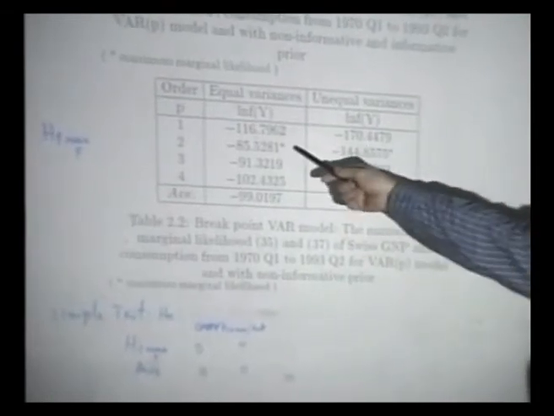And then you can also ask whether breakpoints are present or not. And if there are breakpoints, is it for equal variances or unequal variances? Funnily enough, we find strong evidence that if there was a breakpoint, then equal variances are preferred to unequal variances.